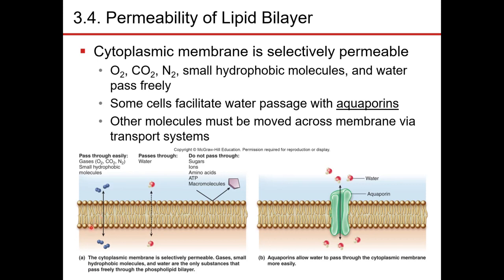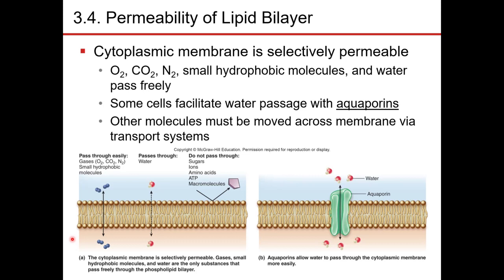And this would be even better if these molecules are hydrophobic, because they need to pass through this hydrophobic layer. So small hydrophobic molecules usually do not have any issues passing through the plasma membrane. They do not require any additional help.